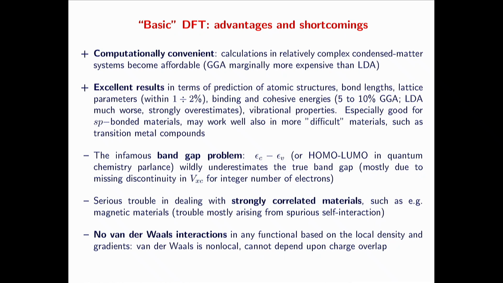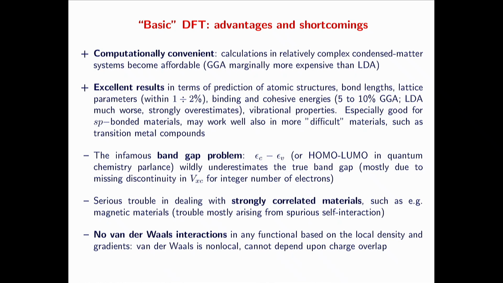Finally, if you look at how an LDA or GGA functional is defined, it is defined as a function of the local charge density and gradient, which means that if you have two systems that do not overlap, the exchange correlation energy is simply the sum. No overlap, no interaction. But van der Waals interactions don't depend upon overlap.